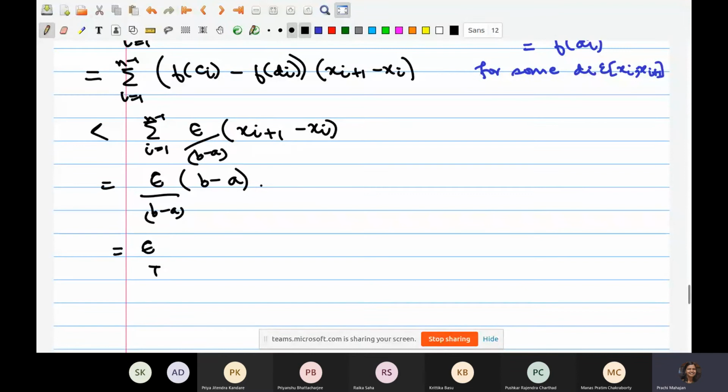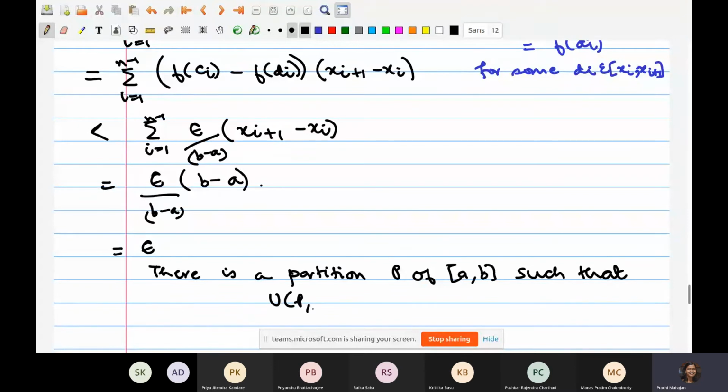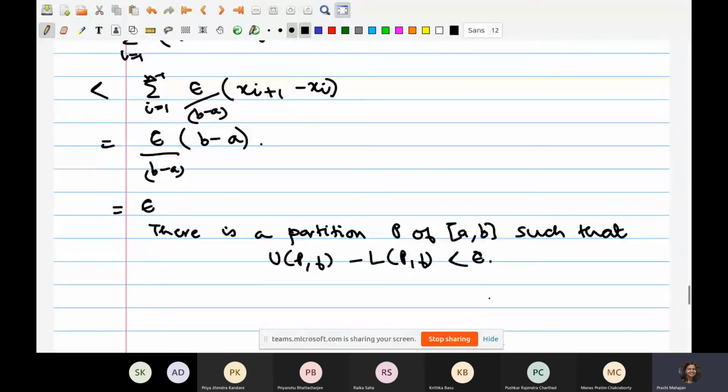I have shown that there is a partition P of the interval AB such that the upper sum and the lower sum do not differ by the prescribed value epsilon. And since epsilon was arbitrarily chosen, by theorem 1, we are done.